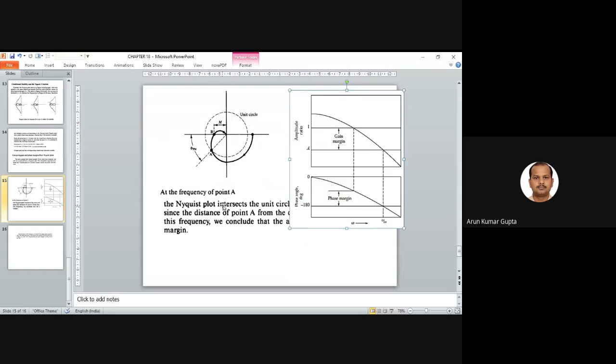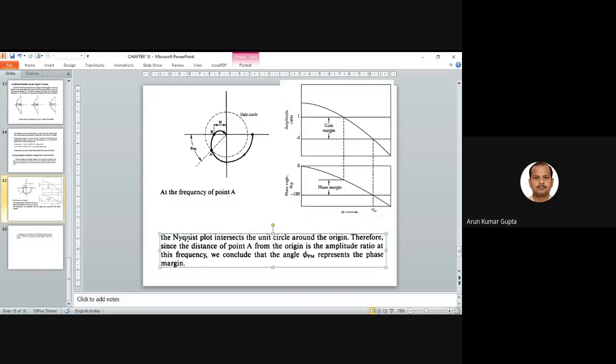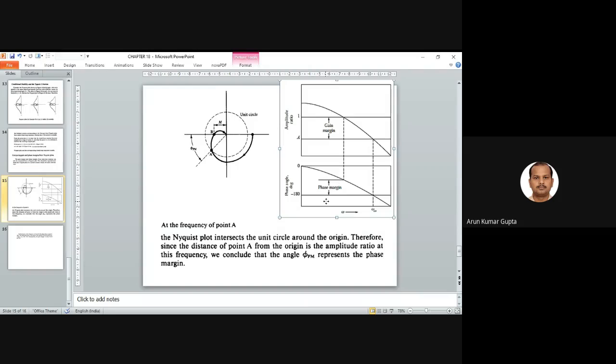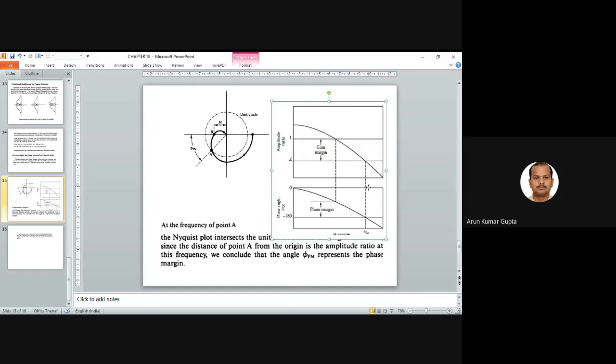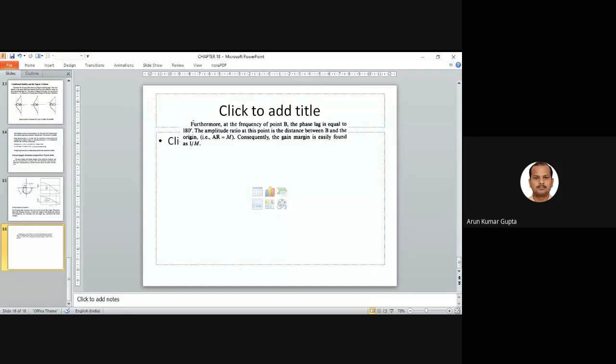So once you know the gain margin and phase margin, with the similar criteria we can apply the rule also, right? A similar thing I have written.